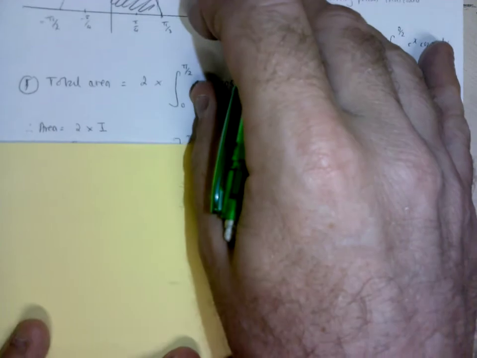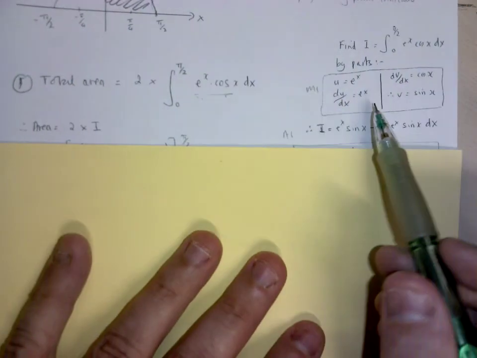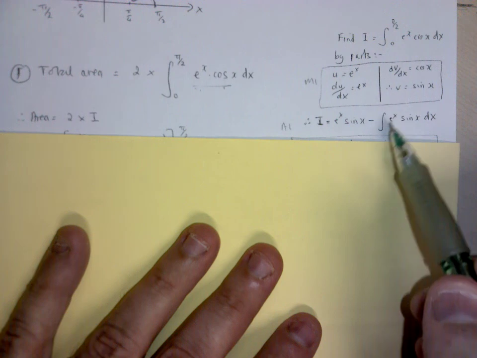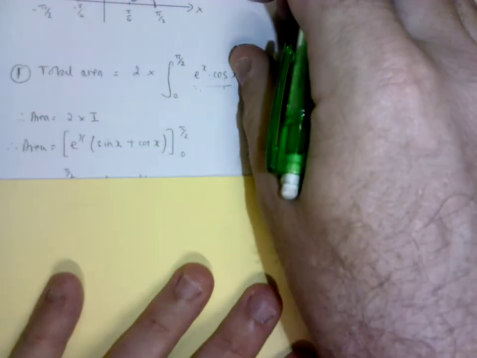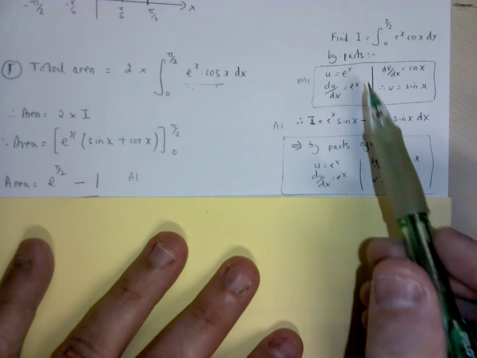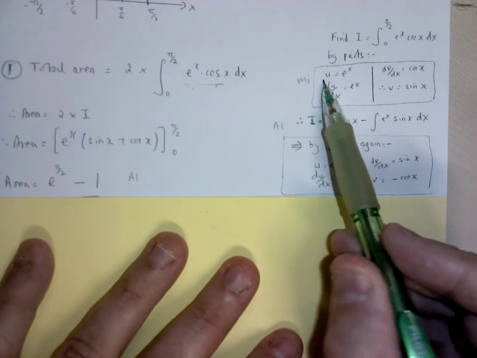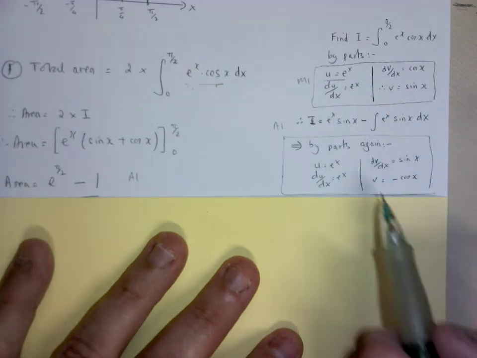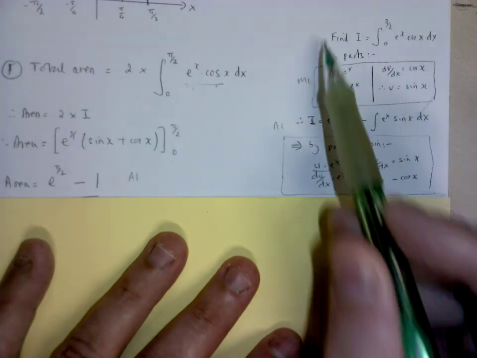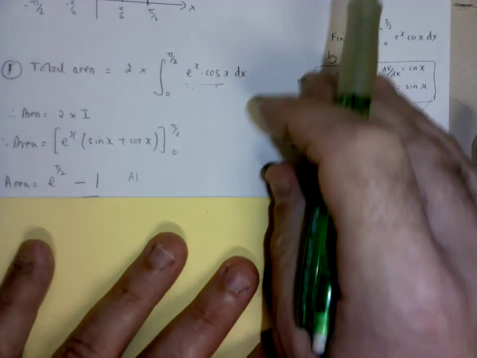Integration by parts. I'm going to set it up. It doesn't really matter which way you set up here. It's one of the questions where you need to go by parts twice. So I've got my parts working out down the side here. I know that if I set e to the x to be u in the first time, I have to do it the same the second time. So there's my parts once, there's my parts again.